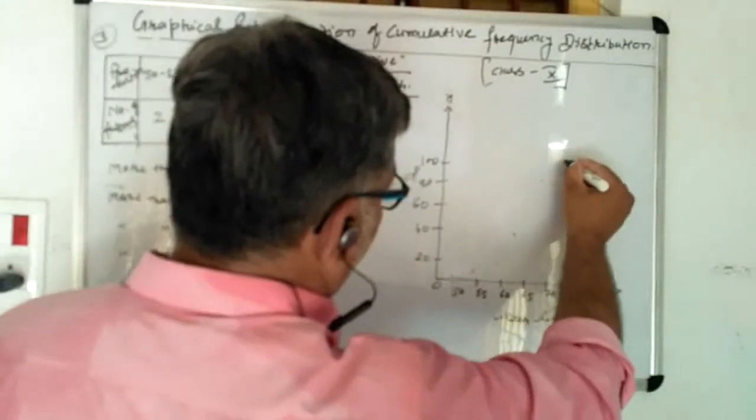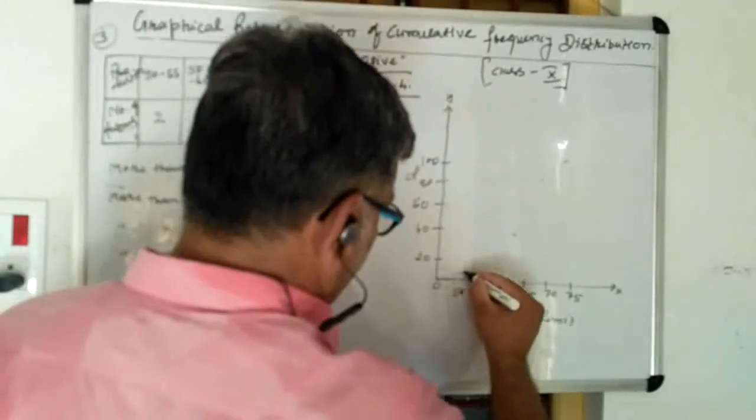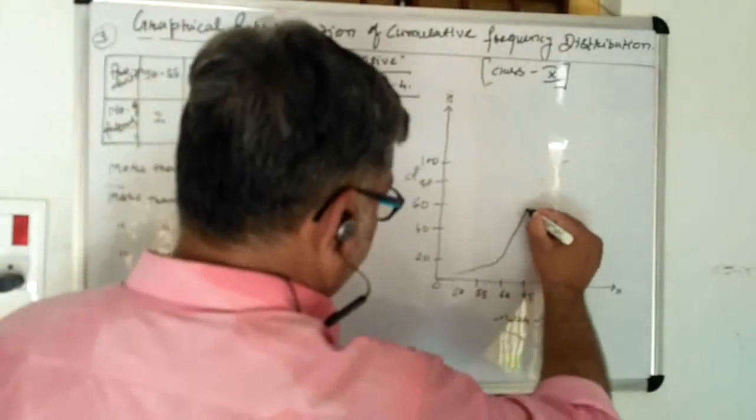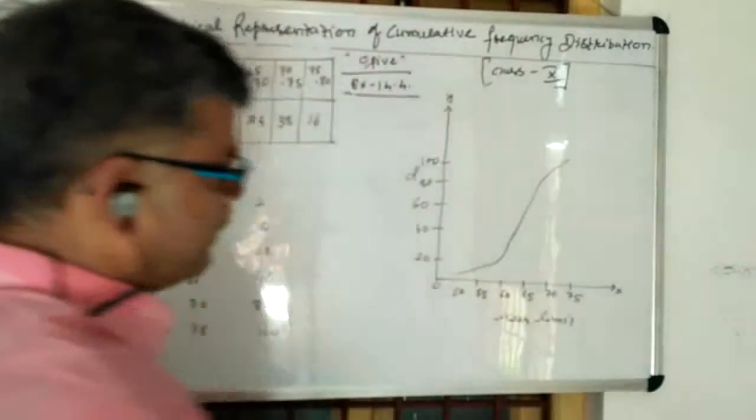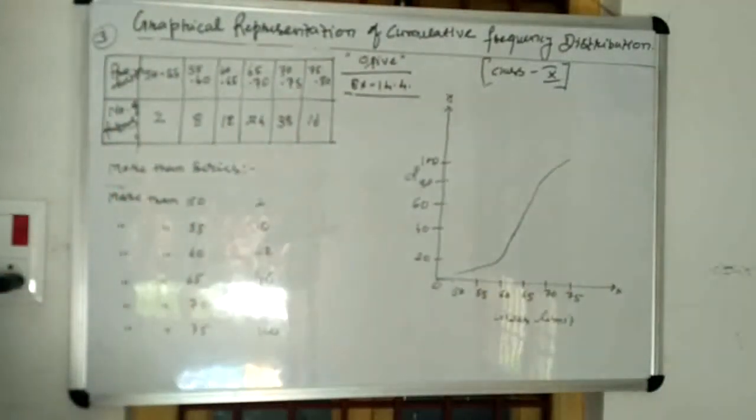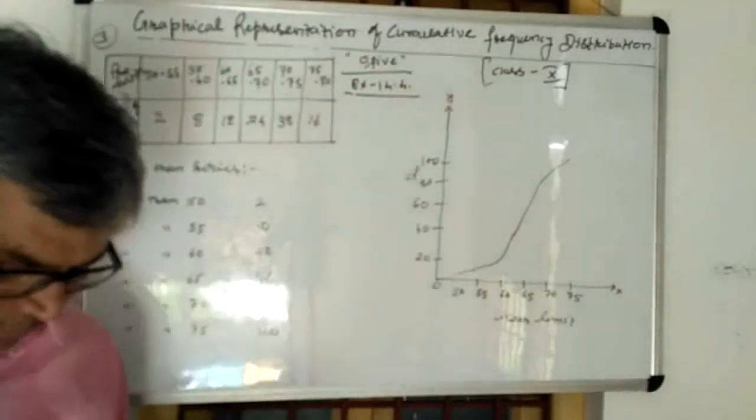So when you draw, your ogive will be this. So in this way, your ogive has been completed.